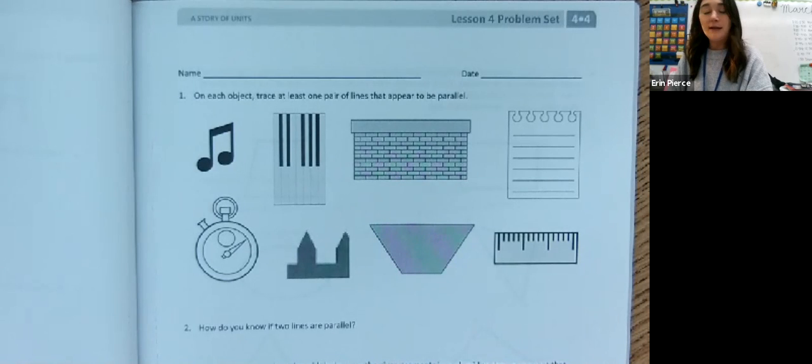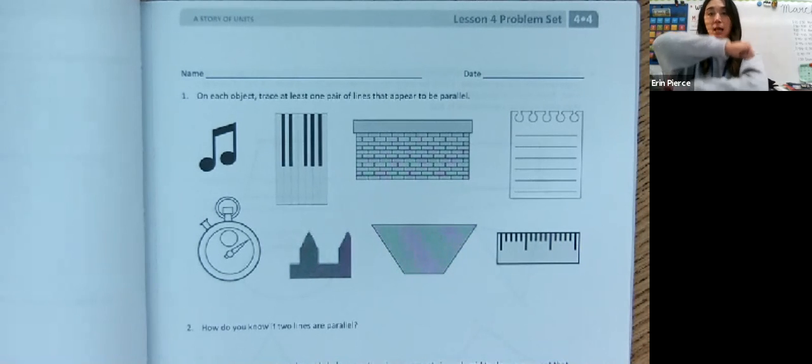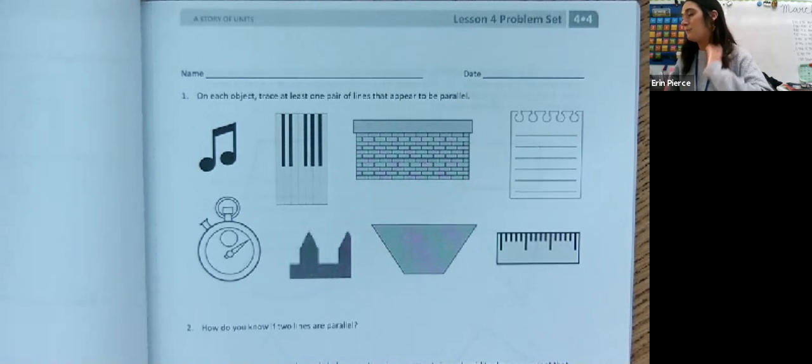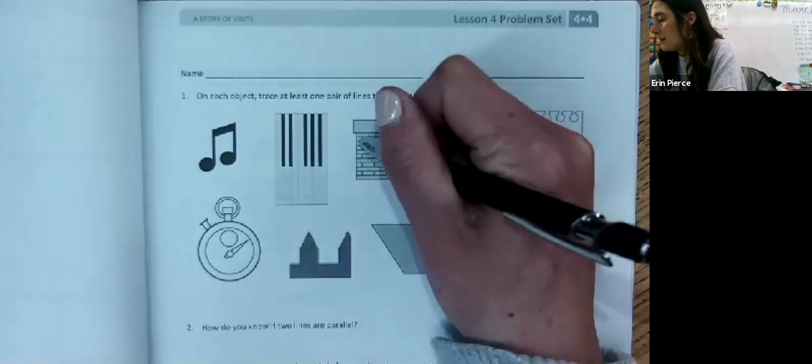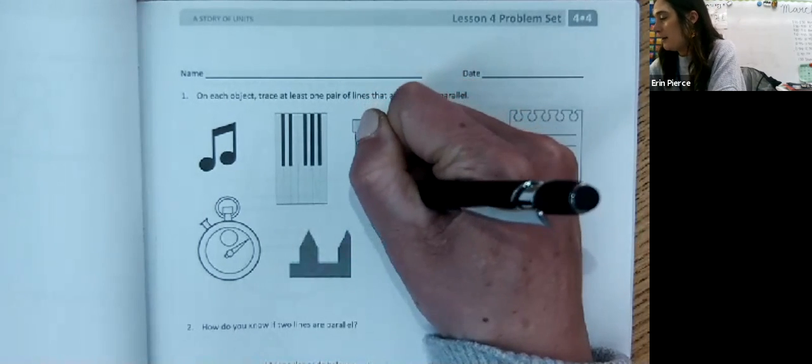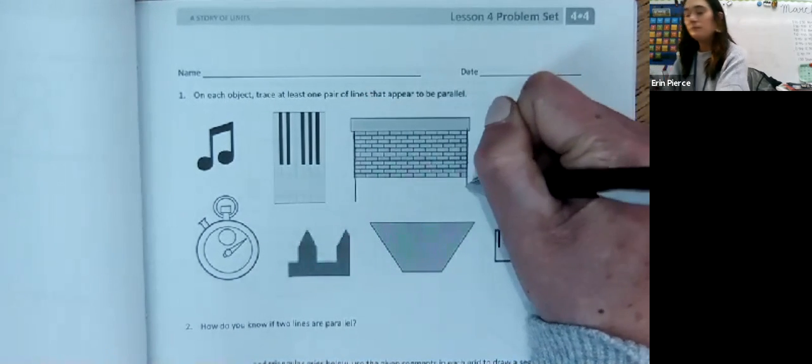In lesson 4, we're going to be talking about parallel lines, lines that do not touch. So we have some of the same objects, some different objects than we had in the first lesson, but you're going to be finding parallel lines. So for instance, when I'm looking at this brick wall, I can see that this is a parallel line to this line.